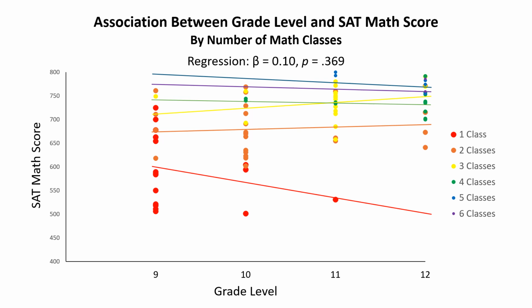You will commonly see this abbreviated with the Greek letter beta, and we can interpret this similarly to how we interpret a correlation coefficient in terms of the sign. A positive regression coefficient means that as one variable increases, the other variable increases.